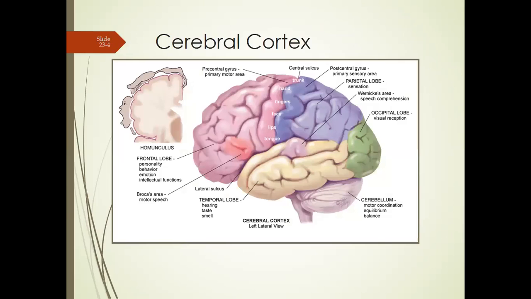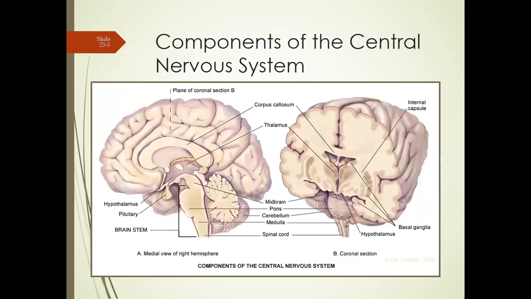Now, this is a picture of the cerebral cortex. In this picture, you can see the different lobes of the cerebral cortex, and you can easily see the sulcus and the gyrus in the brain. This is another picture which represents the internal parts of the brain, like the corpus callosum, thalamus, internal capsule, basal ganglia, hypothalamus, pituitary, and so on.